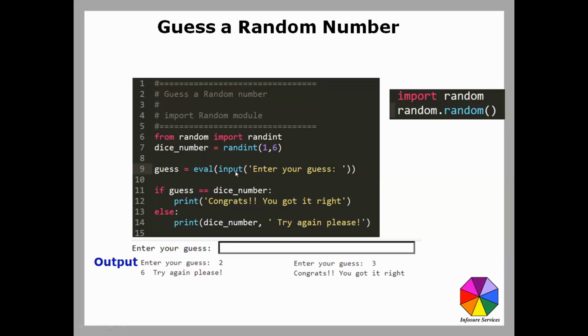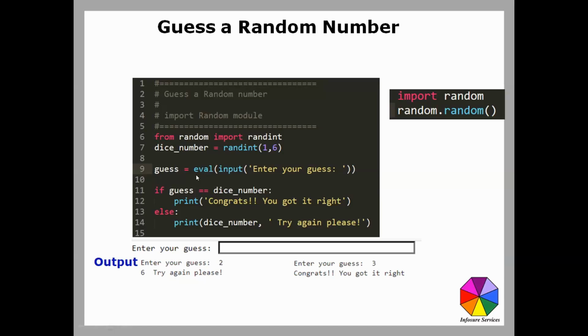Here we have seen the input function. Enter your guess. We're going to guess the random number. That input will prompt, and when you take that input, it's always a string. I told you in the last session, this is always a string. To convert that to a number, you use this eval built-in function.